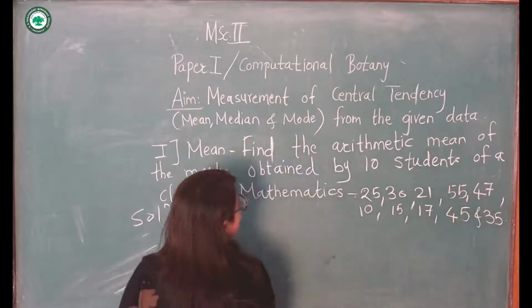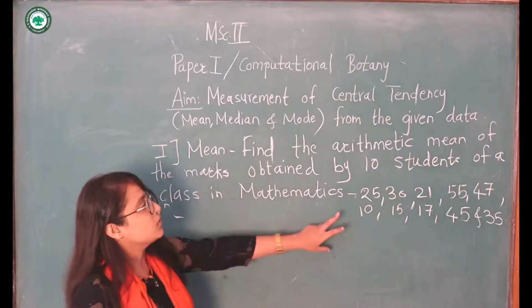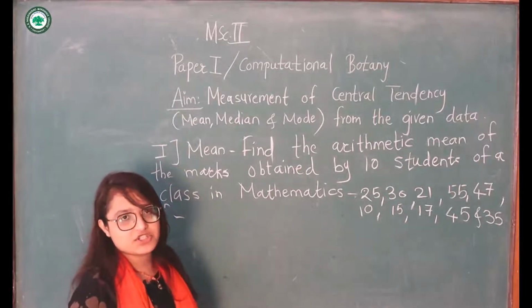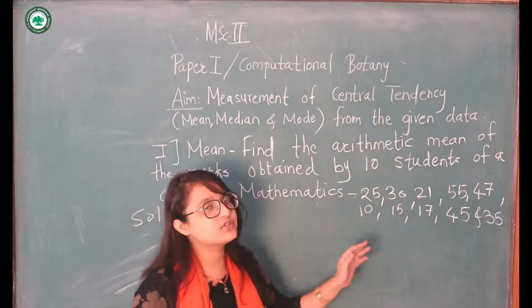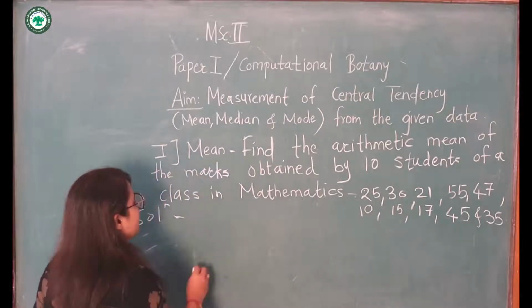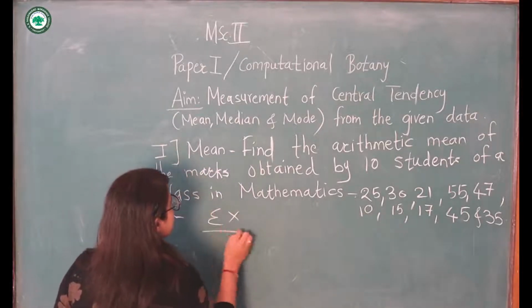In the solution you have to do the summation of all the observations and divide it by the number of observations. So the formula is summation x upon n.